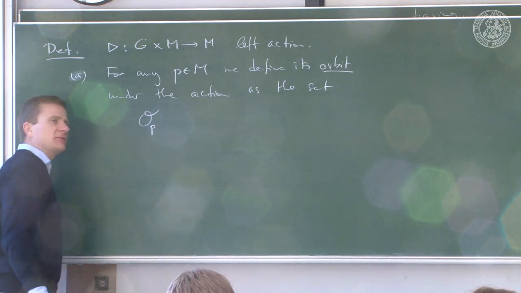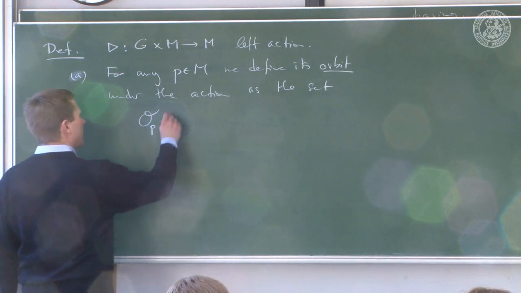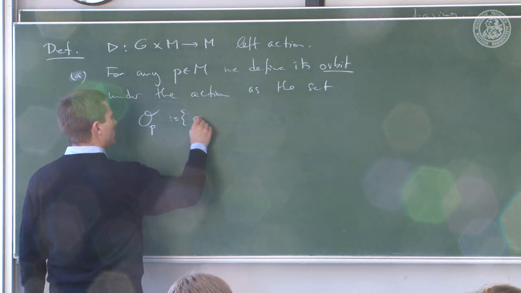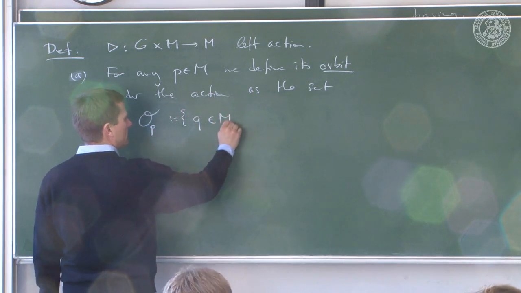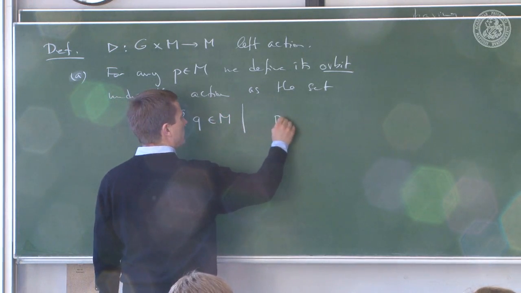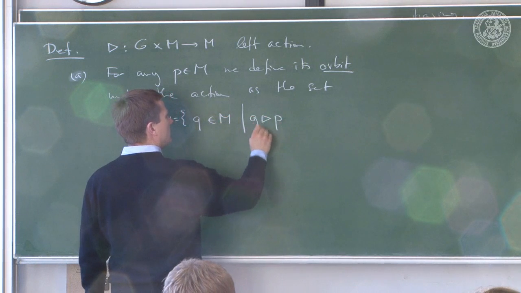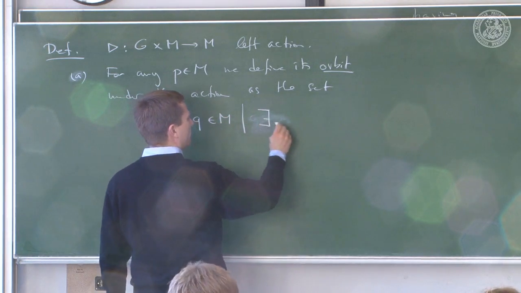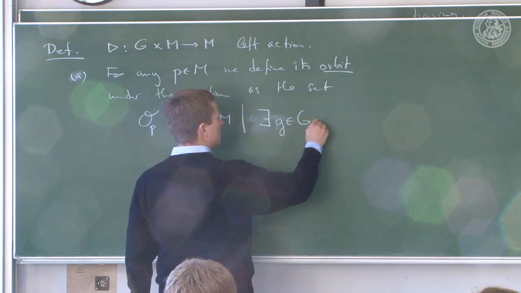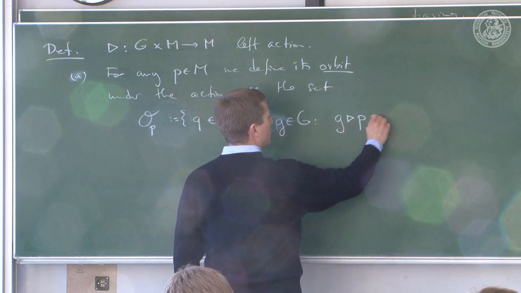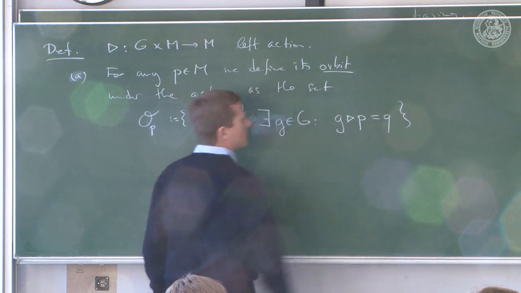It's the orbit of the point p. What kind of guy is that? That's all the points q in the manifold which you can reach by starting from p and acting on it from the left with some g. So for all q for which there exists a g in G such that g acting from the left on p produces the q.